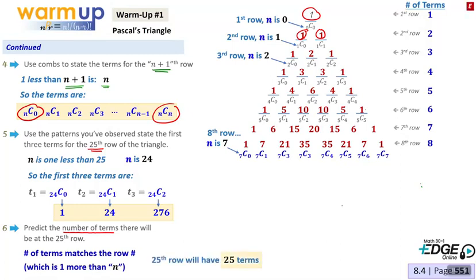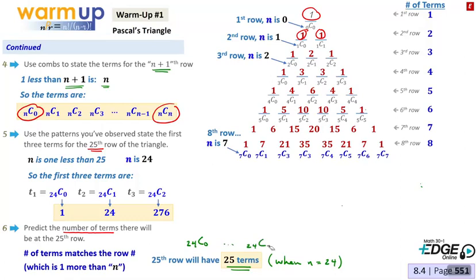But I want you in this moment to not say, oh, that's so easy, I'll definitely get that right if ever asked. I want you to recognize that there are 25 terms when n is 24, right? So that means the 25 terms are the terms from 24 choose 0, up to 24 choose 24.